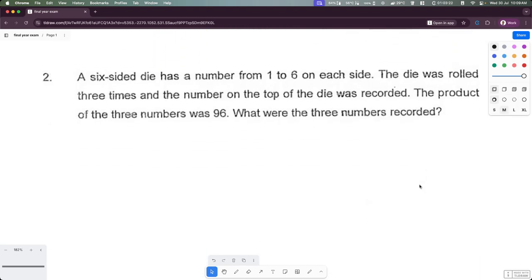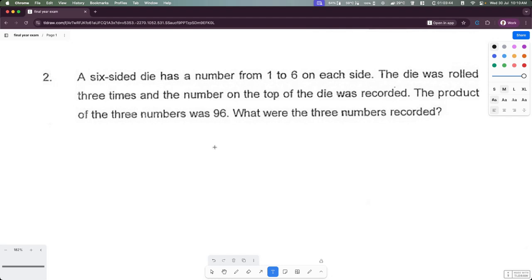Question number 2. A 6-sided die has a number from 1 to 6 on each side. The die was rolled 3 times and the number on top of the die was recorded. The product of the 3 numbers was 96. What were the 3 numbers recorded? Okay, what does product mean?